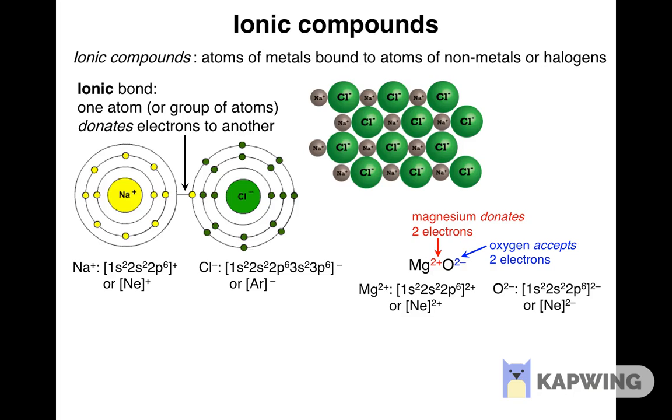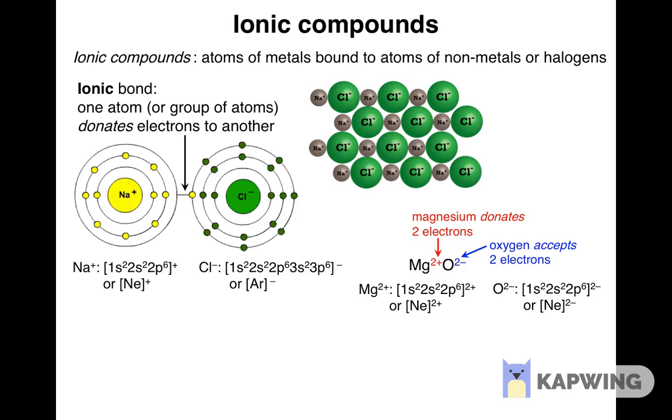Oxygen is a nonmetal in group 16 of the periodic table, and its atoms have 6 valence electrons, 2 in the 2s subshell and 4 in the 2p subshell. In magnesium oxide, each magnesium atom donates both of its valence electrons to the oxygen atoms.